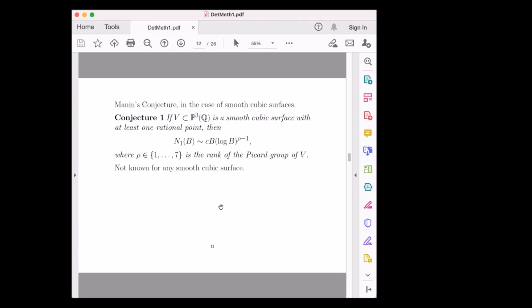Roger, we have a question in the chat asking about whether there are any cases known where something bigger than a logarithm is the extra factor. Good question.